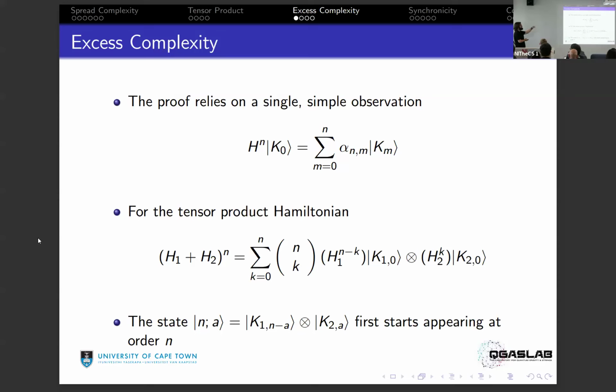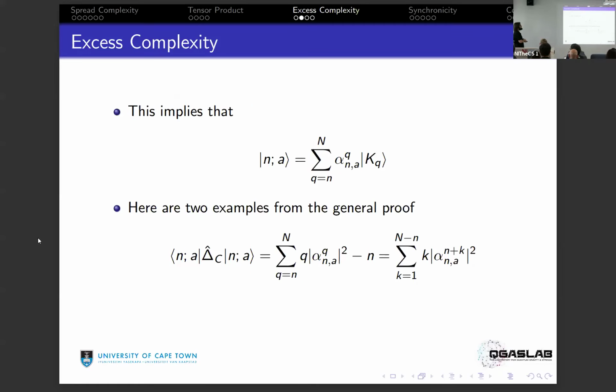Very simple observation, but this is all you need to prove it. So because of this, this implies that these states, so these are just the usual tensor product states, the natural basis to use for the tensor product vector space, when I expand that in terms of the Krylov basis for the combined system, I will start at Q equal to N and everything beyond.